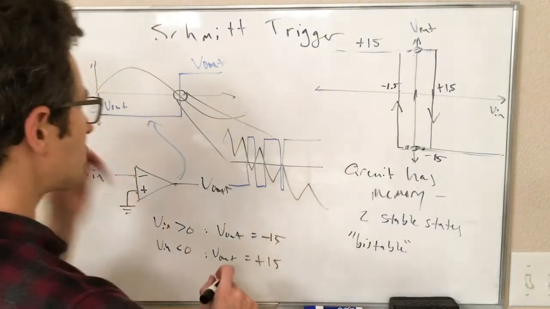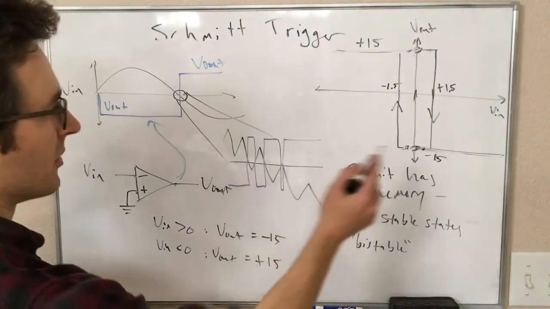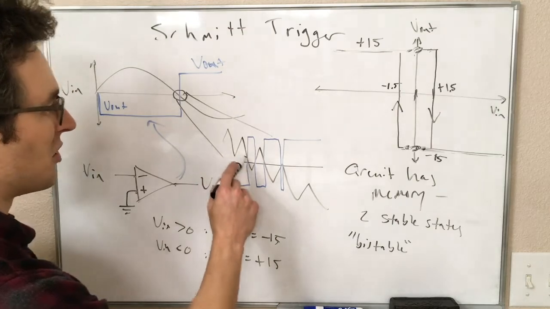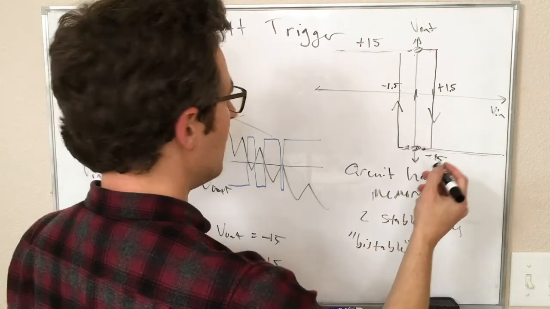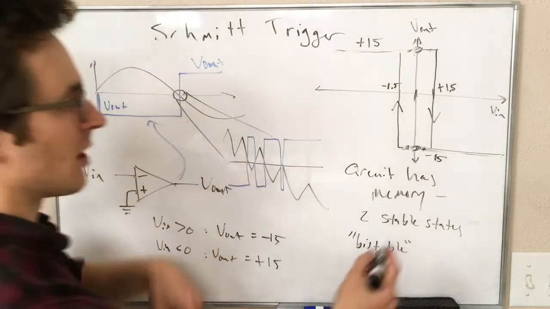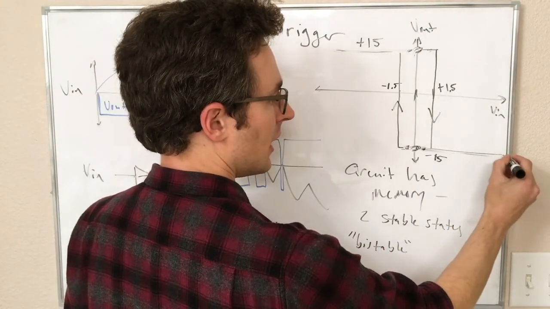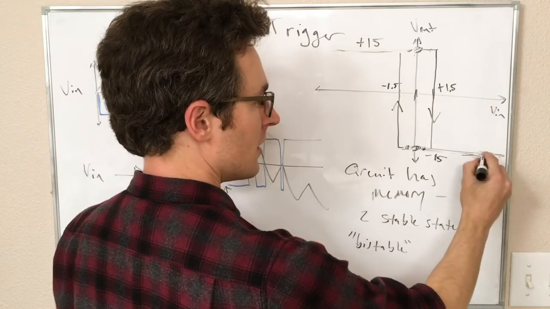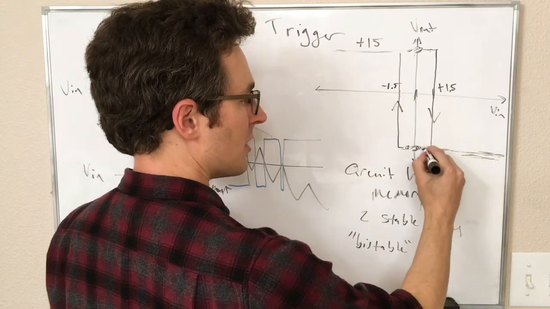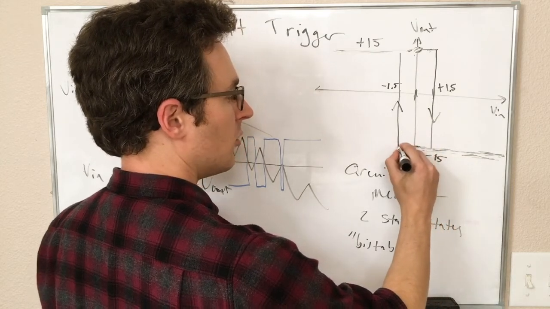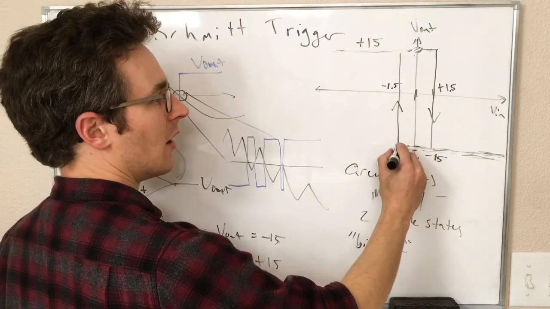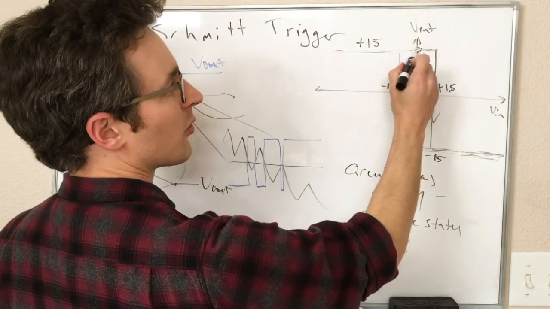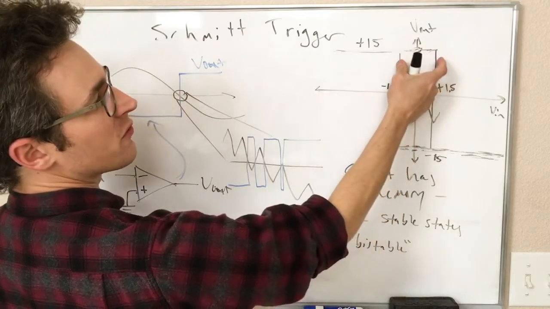So in other words, here I'm going to try to imagine that we're this black input signal on here. So our voltage is decreasing, right? We're starting at some positive input, and I'm zigzagging back and forth because there's a little bit of noise, right? Zigzagging back and forth, and nothing's going to happen until we get to this threshold. And as soon as we get there, now we're up at this plus 15 state. We're still oscillating back and forth, but now we're so much further.